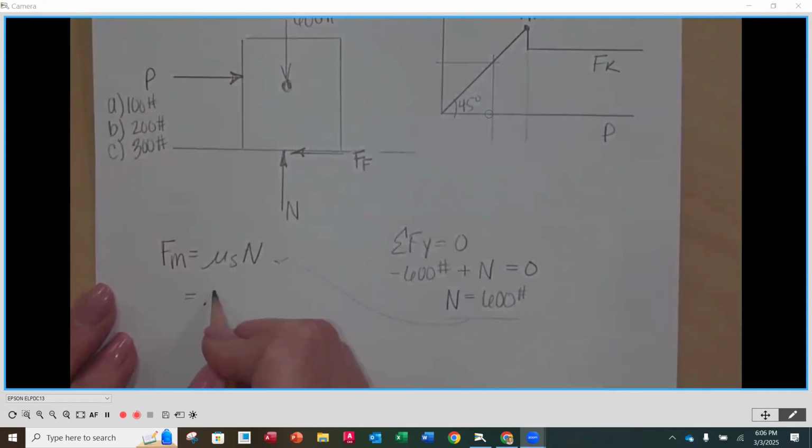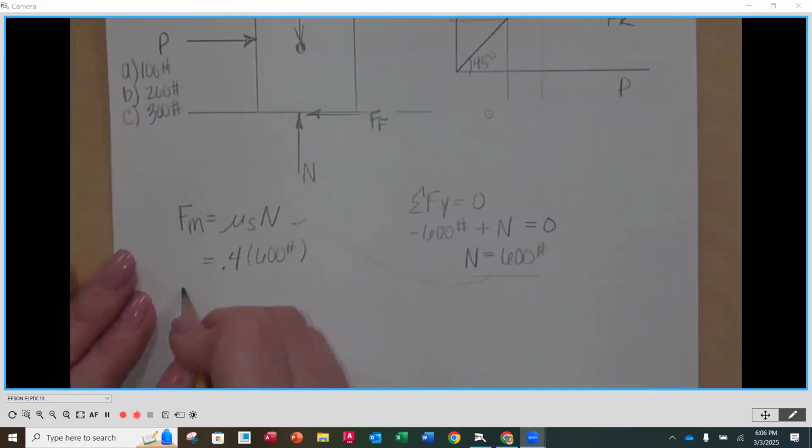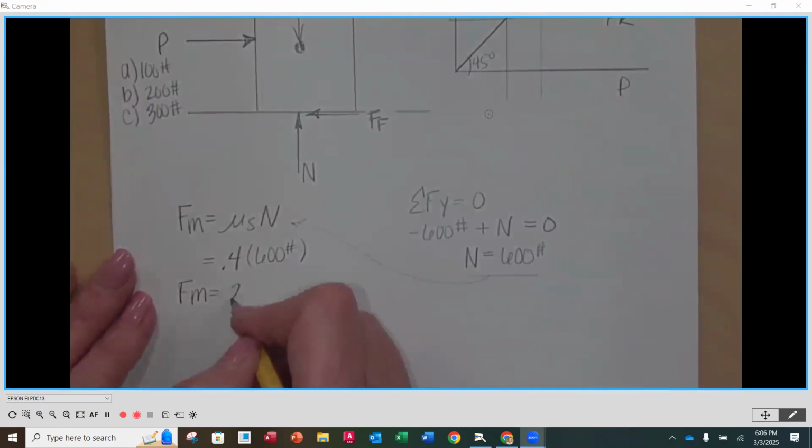So we're going to take 0.4. It is unitless, remember. Coefficient of static friction is unitless. Times 600 pounds. So my maximum friction force, what do we get? 240 pounds.